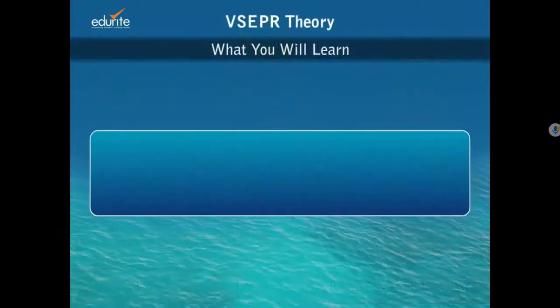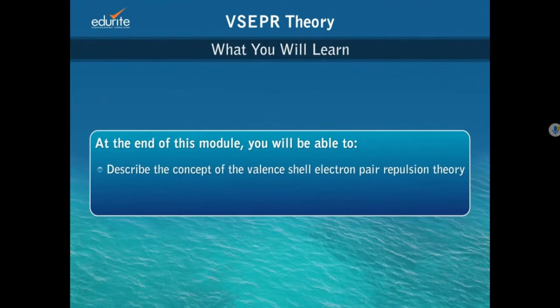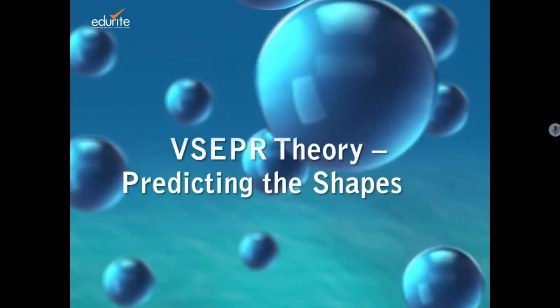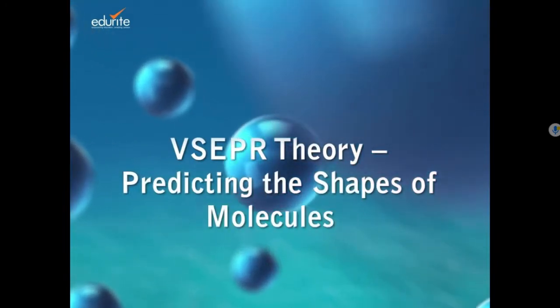In this module, what you will learn. At the end of this module, you will be able to describe the concept of the valence shell electron pair repulsion theory and apply the VSEPR theory to predict the shapes of molecules. VSEPR theory, predicting the shapes of molecules.